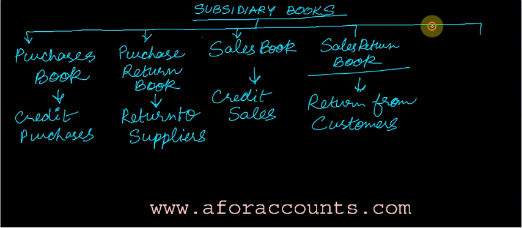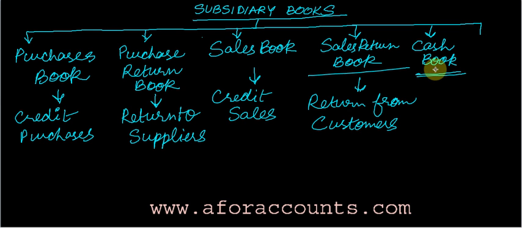Now, one is your cash book. All the transactions where either side of the entry is cash, whether it is debit or credit, you will record in the cash book.